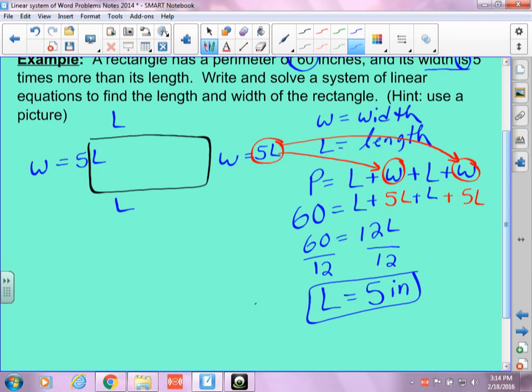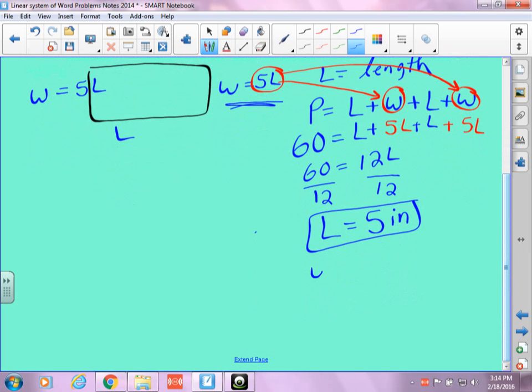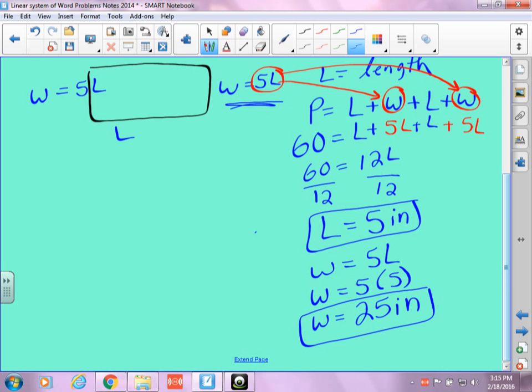I need to find my width, and you'll remember that at the beginning on my rectangle, I said the width was 5L. So W equals 5L. W equals 5 times 5, because I took the L and put in 5. W then is 25 inches.